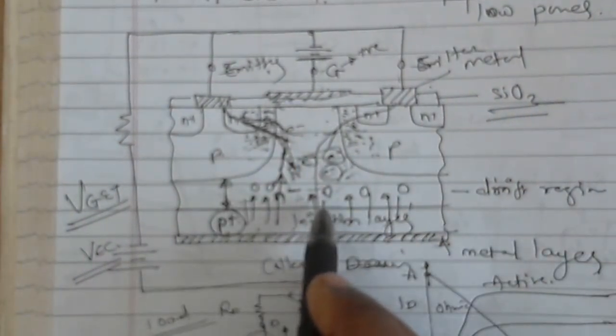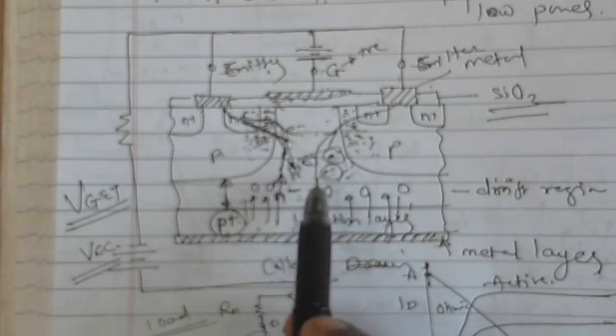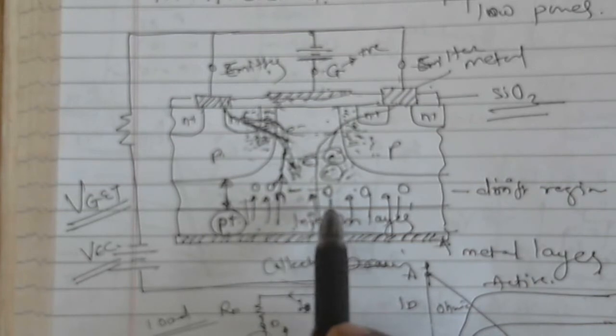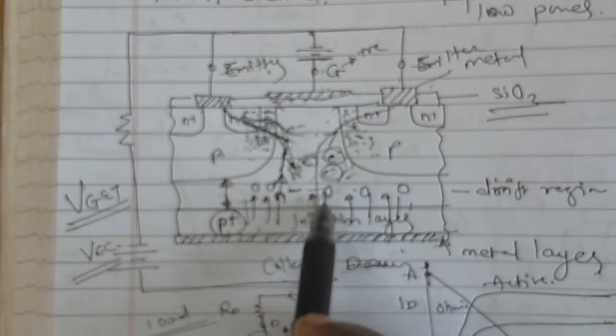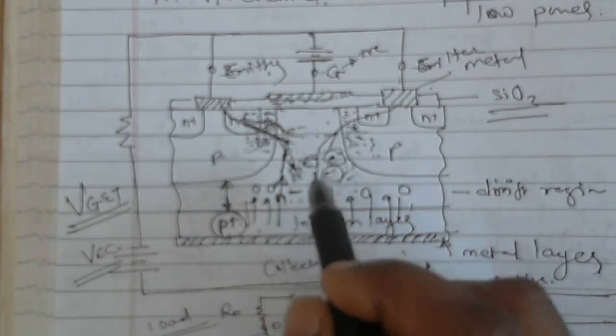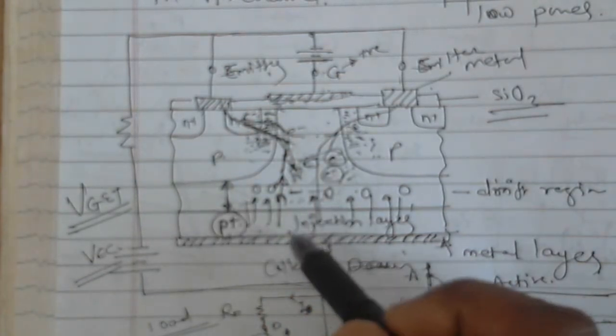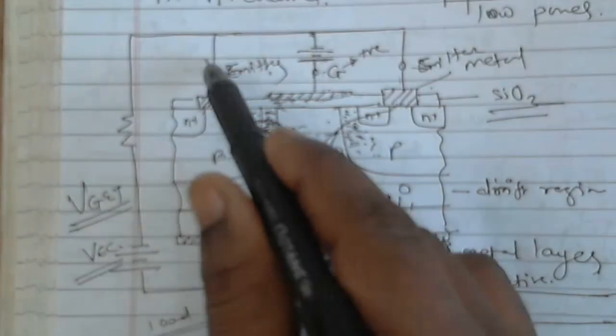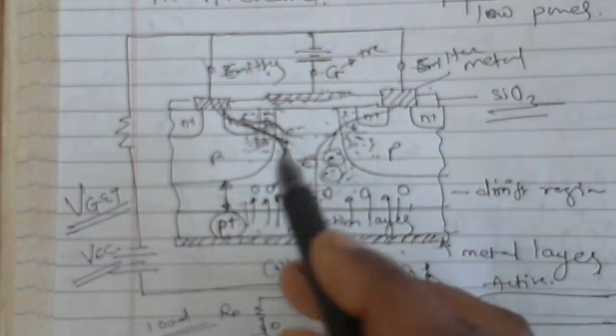Are you getting? Okay, due to this excess amount of electrons and holes, its carrier density increases. And as carrier density increases, obviously a current gets set up through the p plus and n minus layers, like this, in this pattern.